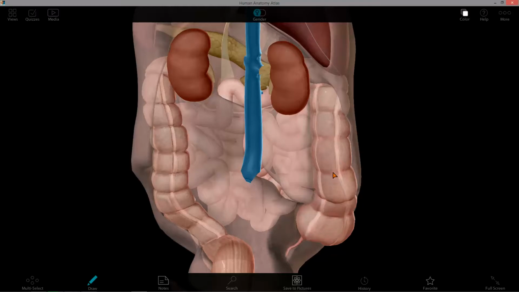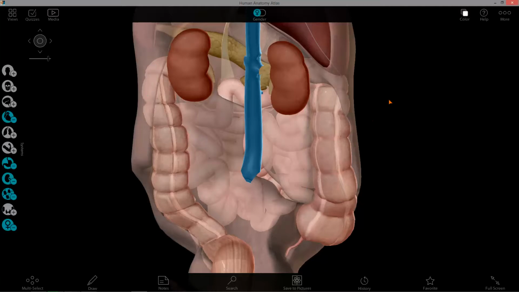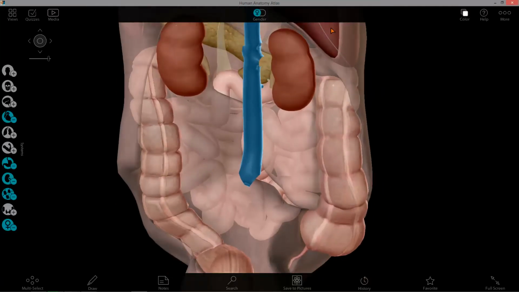So basically you have the ascending colon here and the descending colon here. On either side of either colon, you have a gutter, or a pericolic gutter. Excuse me.